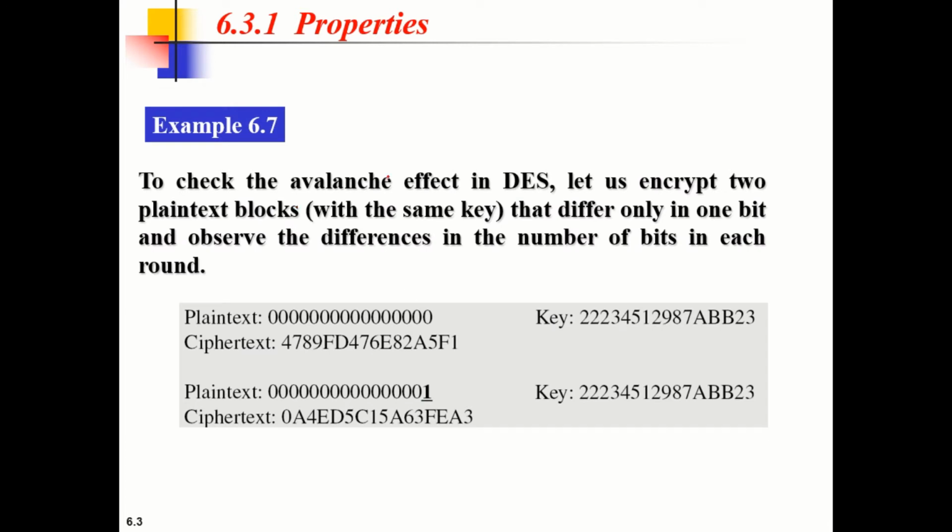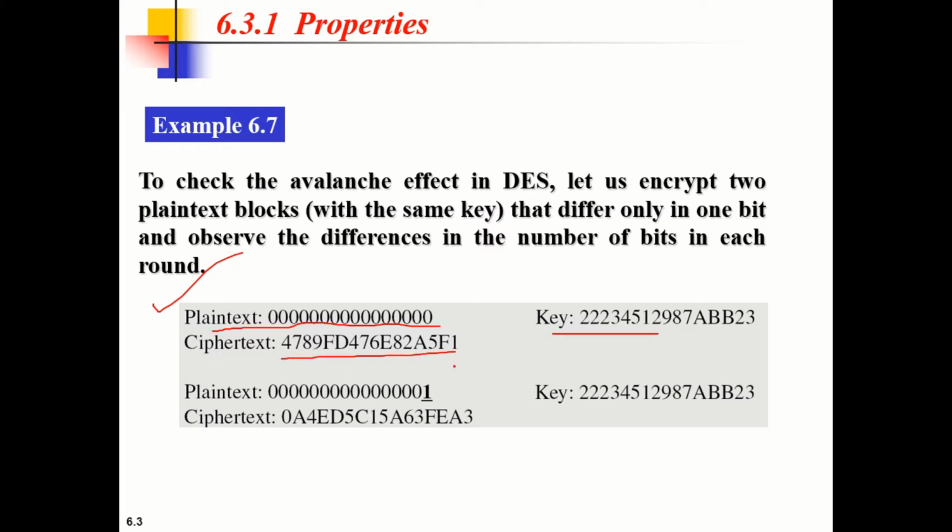So to check this avalanche effect in DES, we have this example, which gives you this value of plain text, which is all 0. With this key, the ciphertext we are getting is this one.